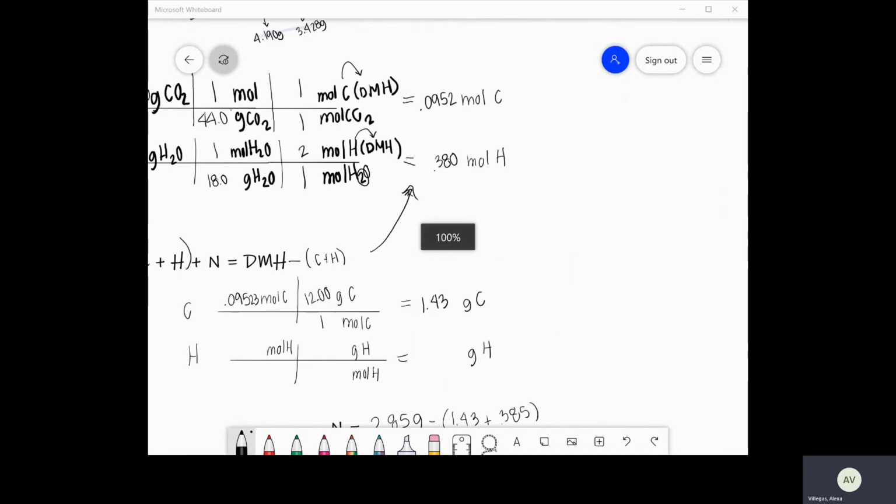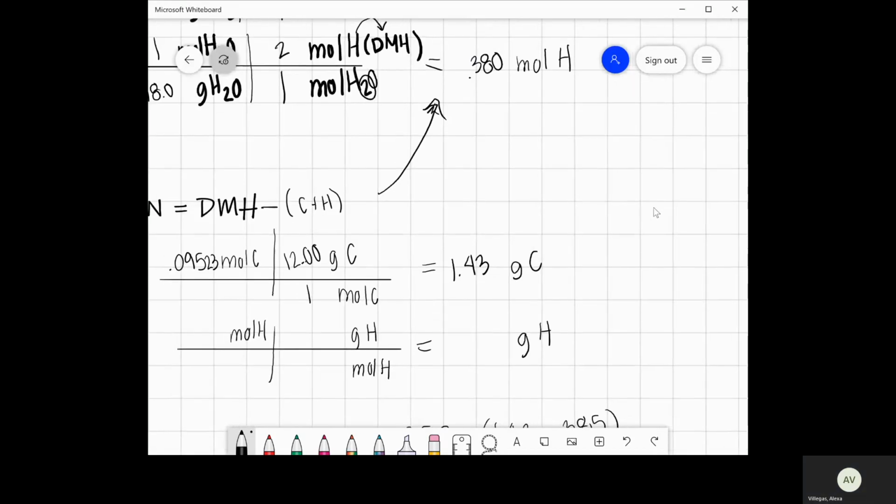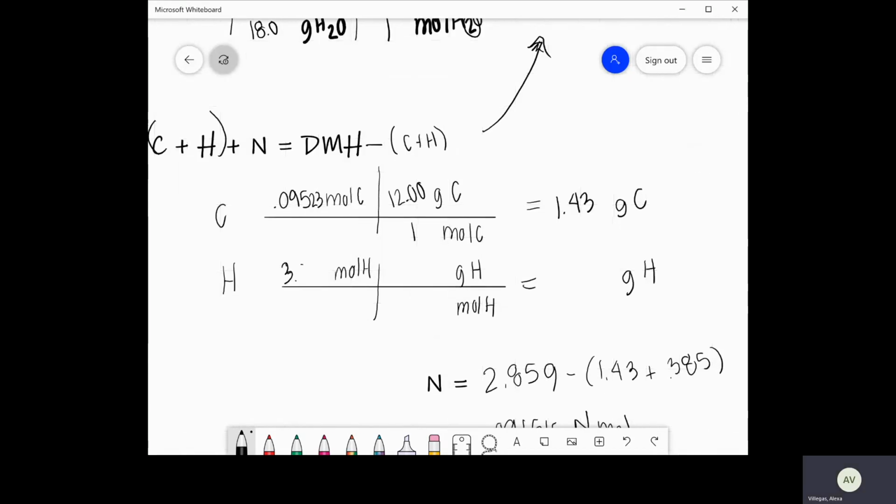So I know I have moles of hydrogen. And I know that in 1 mole of hydrogen, there are 1.008 grams of hydrogen. And with that conversion, I get 0.385 grams of hydrogen. Now, finally, you can add these 2 together.